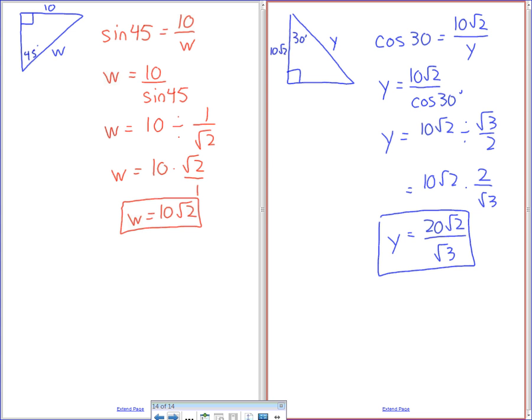If you want to use sine 90, which is 1, you don't really know yet that sine 90 is equal to 1, though you probably do from your graph, so you can do that too. 20 root 2 over root 3. This is a little painful, yes.